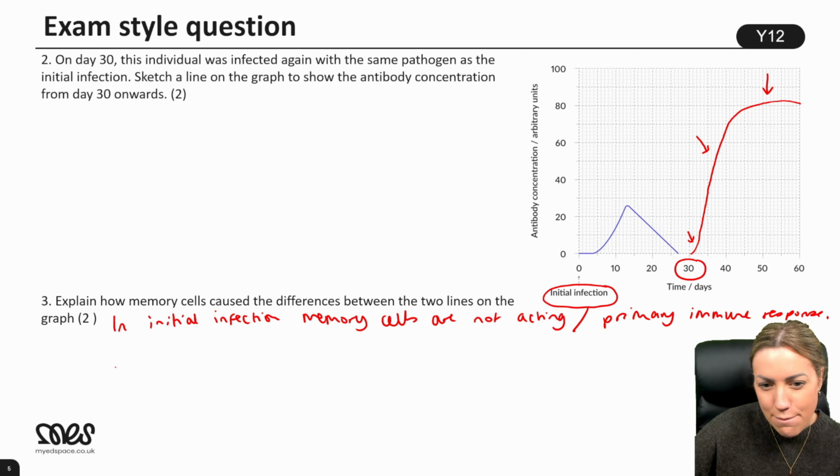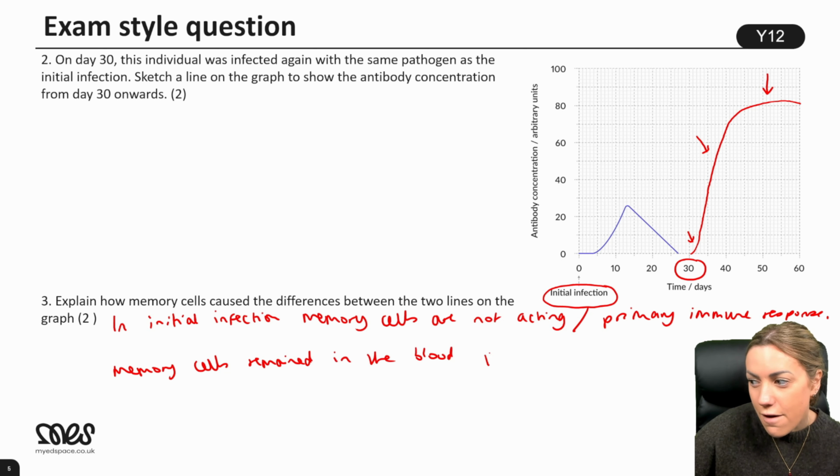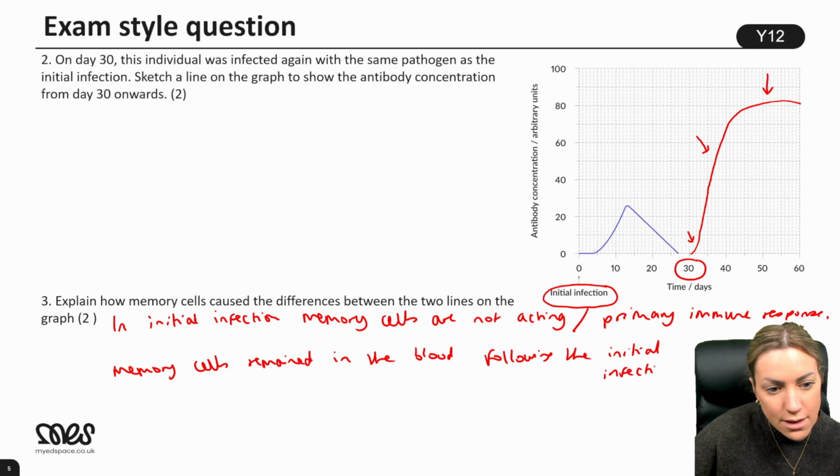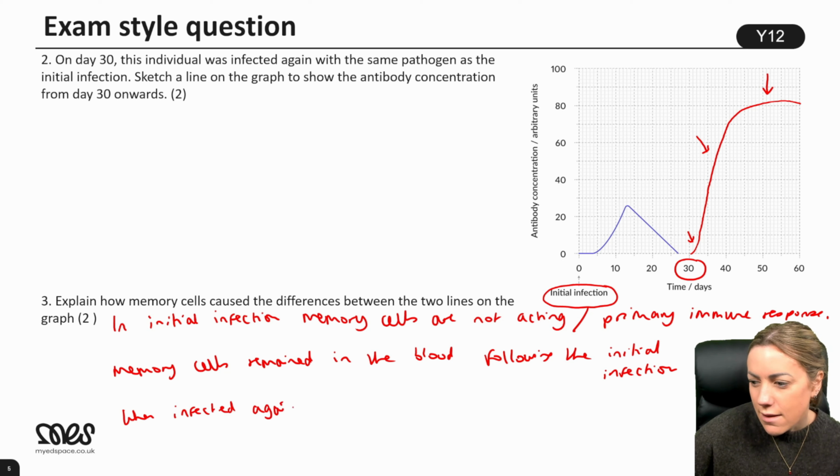You could also get a mark for saying memory cells remained in the blood following the initial infection or the primary immune response. And you could also get a mark for talking about when infected again. So was it day 30 that we were told?